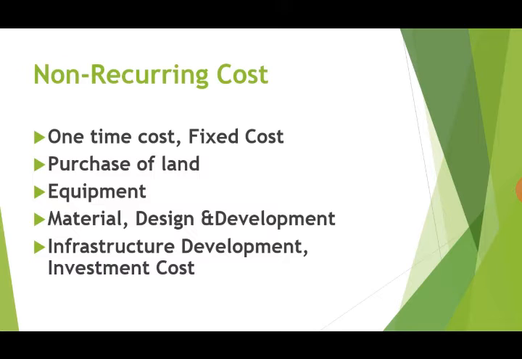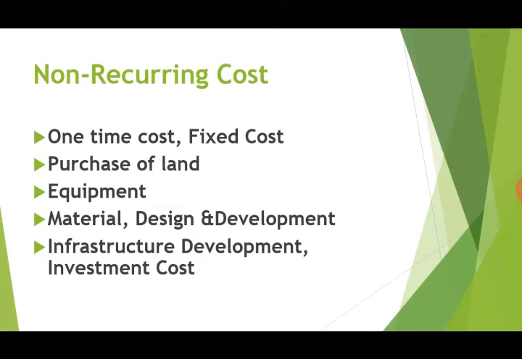The next cost is the material cost, the raw material you require for your organizational operations. The material cost is also a one-time cost; you purchase it at once, and after you consume it you have to purchase it a second time. So this is not a routine cost; it depends upon the organizational operations.